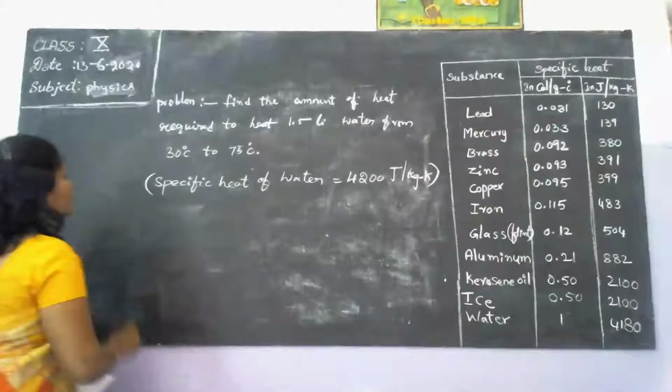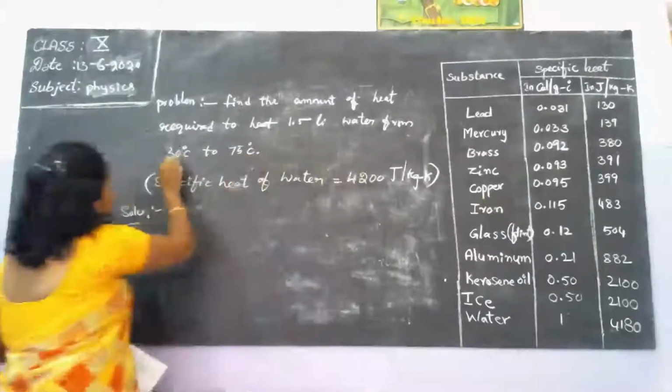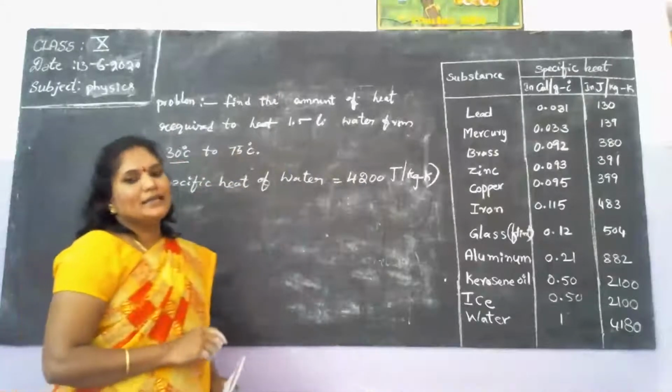Solution. So here, in this problem they have given water to be heated from 30 degrees Celsius to 75 degrees Celsius.